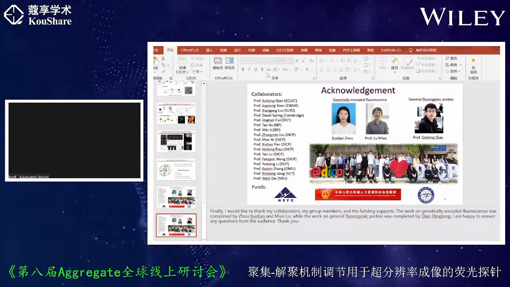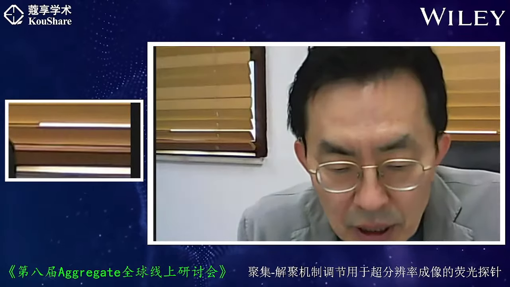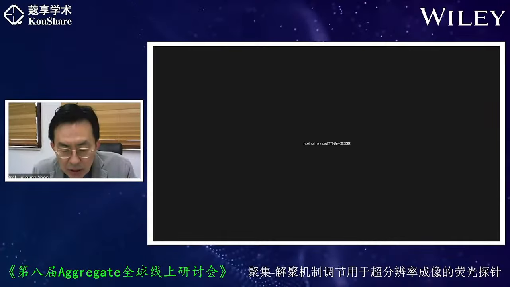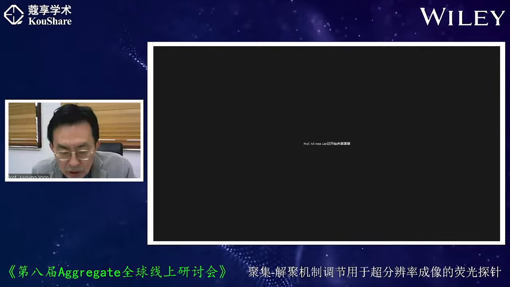The next speaker is Professor Mi-hee Lim at KAIST. She got her bachelor's and master's at Ewha University, with Professor Won in our department, and she moved to MIT to obtain her PhD, and then was a postdoc at Caltech, and then started her own independent work at the University of Michigan, Ann Arbor.